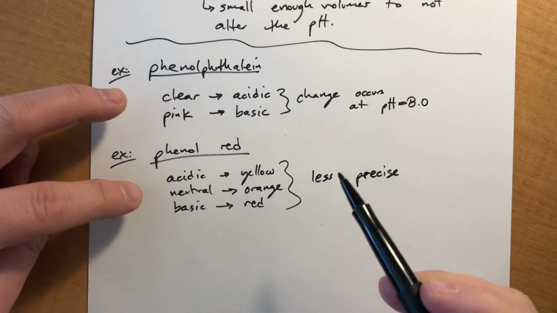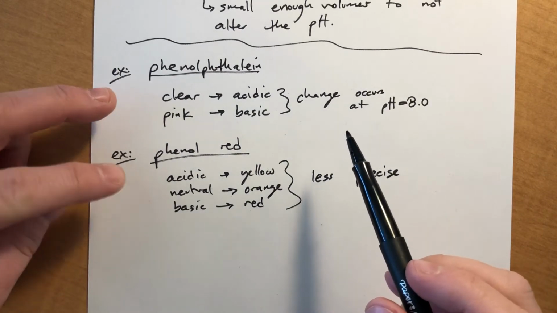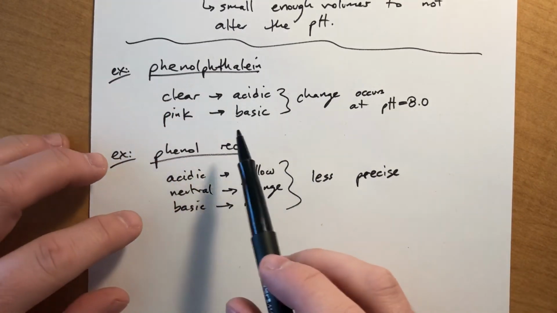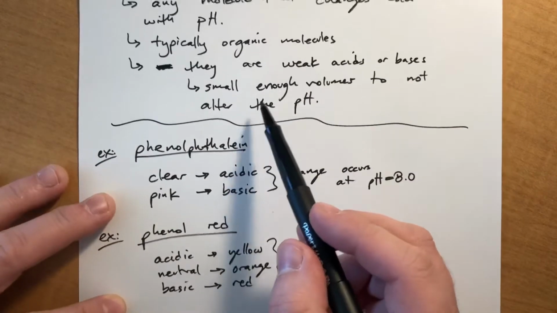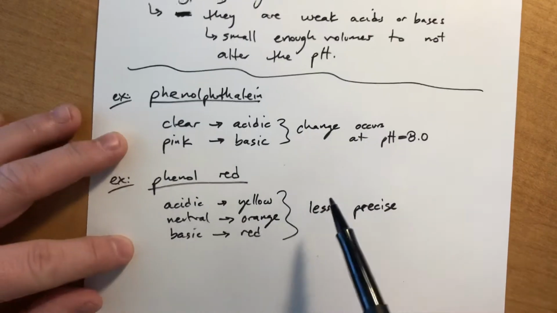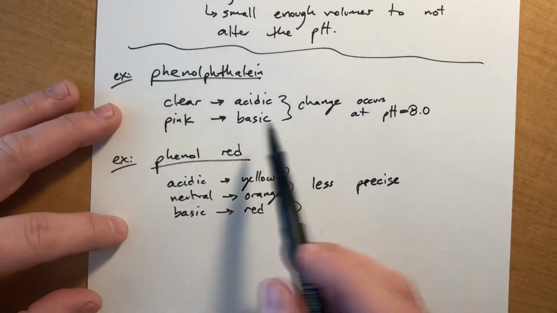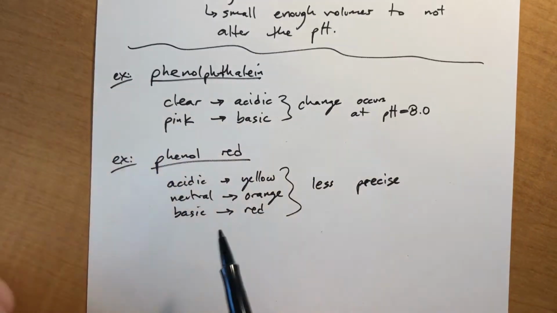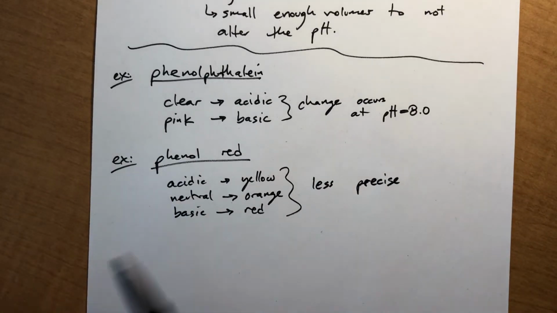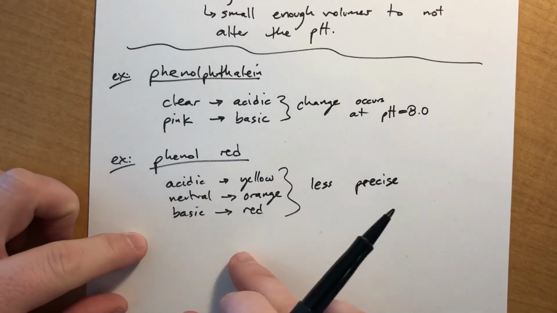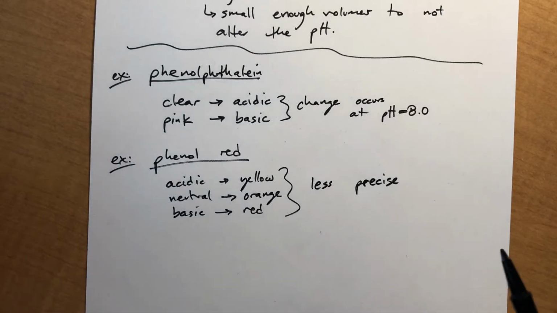Honestly, a lot of times indicators are picked on where the color change occurs. The color change usually occurs around the pKa of the weak acid or the pKb of the weak base. So if you need something to change at neutral, phenolphthalein is great. If you need something to change at a pH of like 3, you're going to need to find something that has a pKa of around 3.